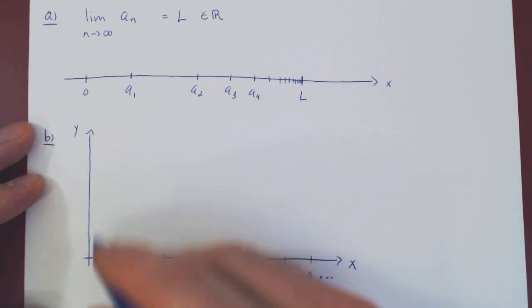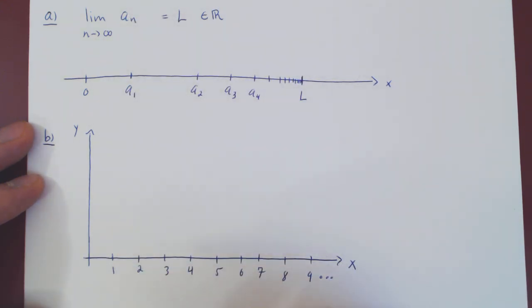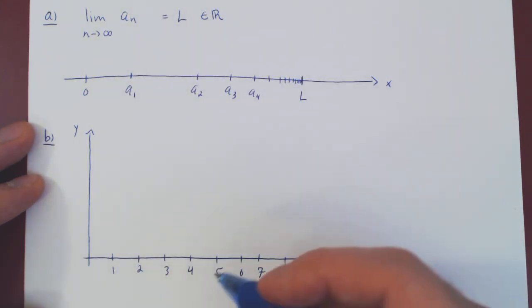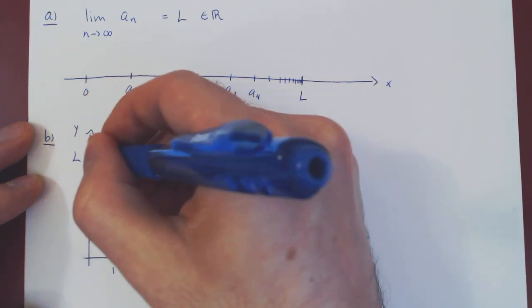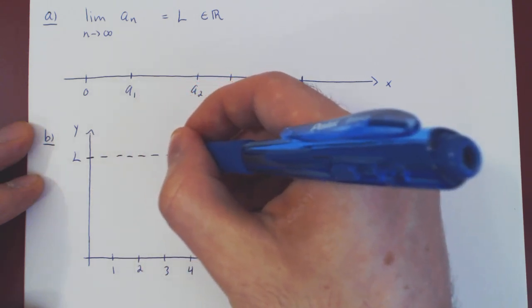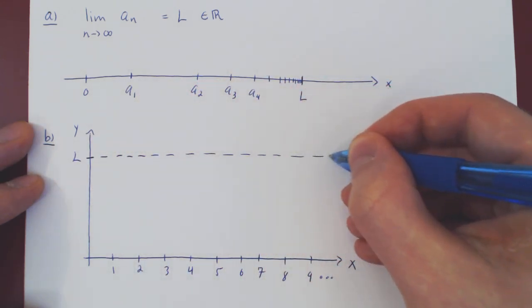Again, we will make the same assumption here that the terms of our sequence are all positive and increasing. We have our value L, our limit, which in this case becomes a horizontal asymptote.